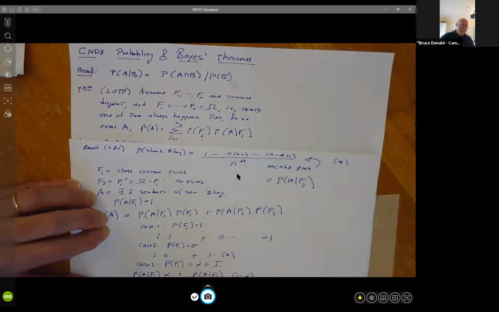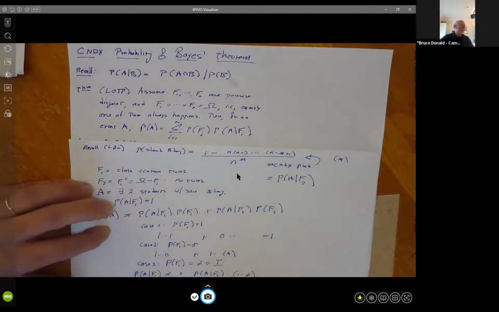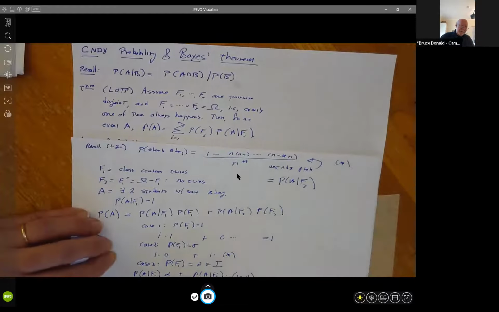This is just 1 times alpha, plus our probability from before times 1 minus alpha. So if you had some a priori estimate of how likely you thought it was there were twins in the class, you could use this general formula, which of course has the other 2 as subcases.